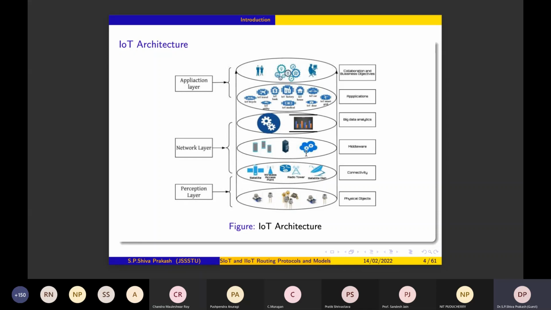When you look into the connectivity, specifically for IoT, we have Zigbee, 802.15.4, 802.11, 802.16 as WiMAX. We have Bluetooth and also GSM, right?